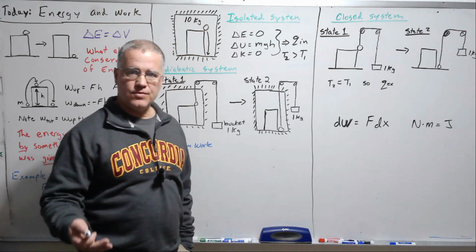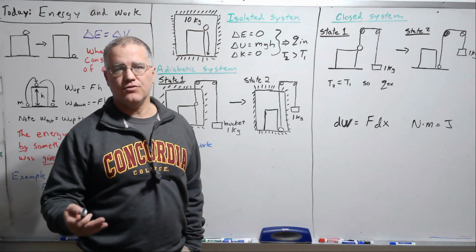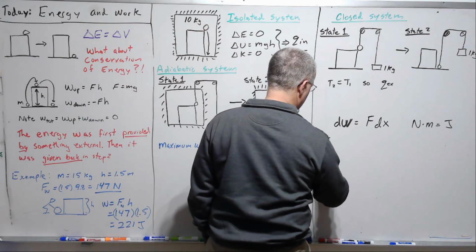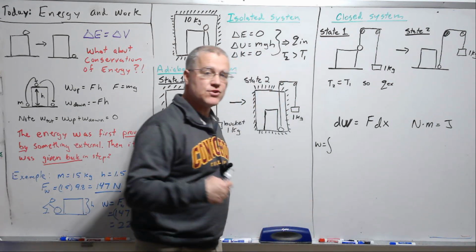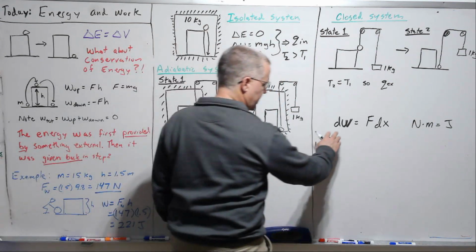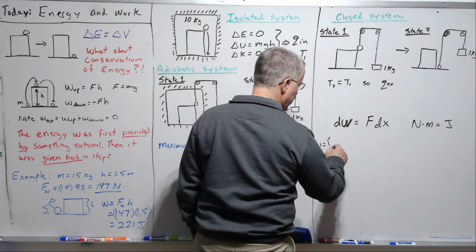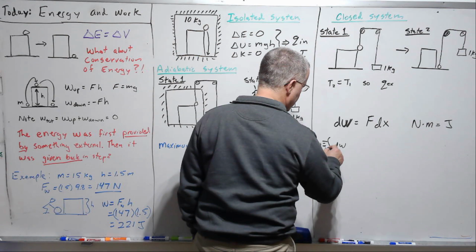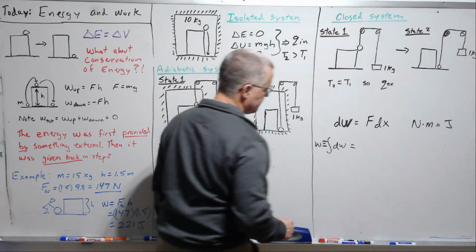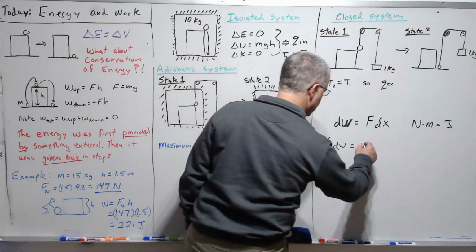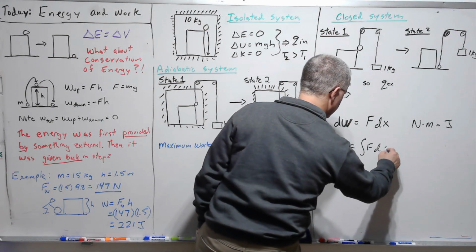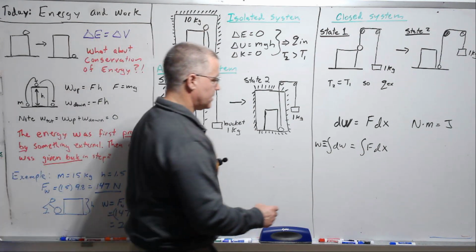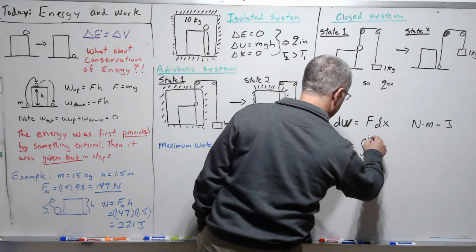Now, we don't do calculus in this course, but if we want to work this up to a macroscopic amount of work instead of just an infinitesimal amount of work, we can write this as, this is what the work means, and so we have this integral. This is going to be from x1 to x2.